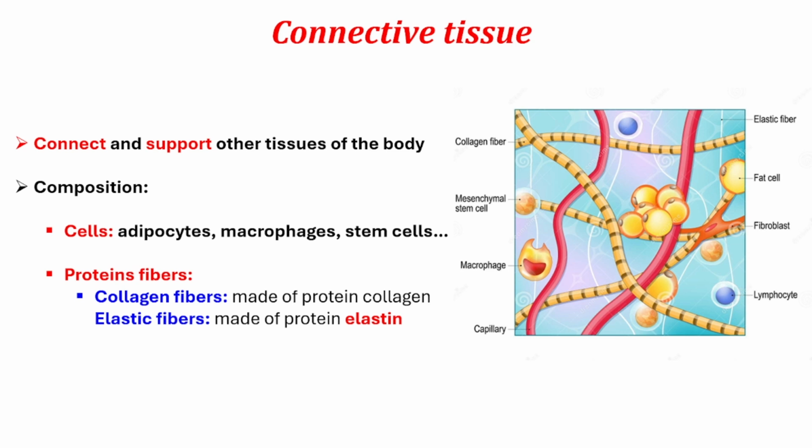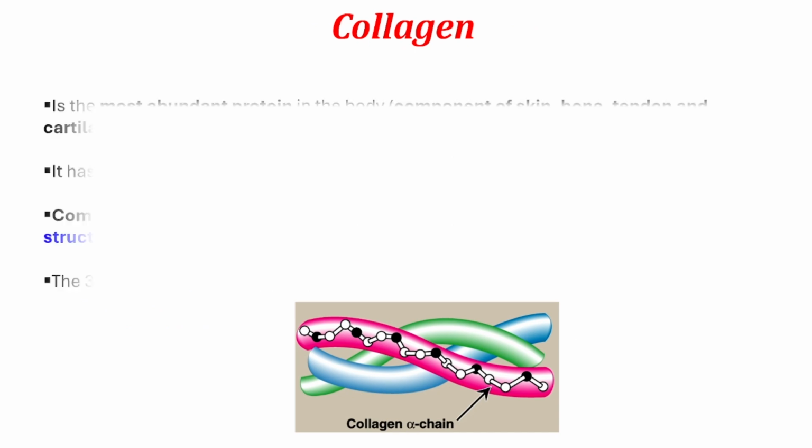We have fat cells, adipocytes, fibroblasts, lymphocytes, macrophages, and stem cells. So these are the components of your connective tissue. Today we're going to focus more on the collagen and the elastic fibers, on the protein side.